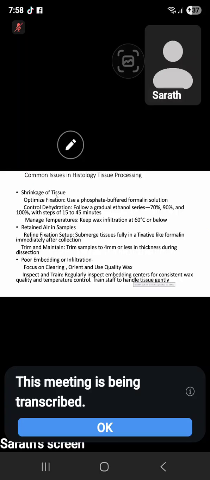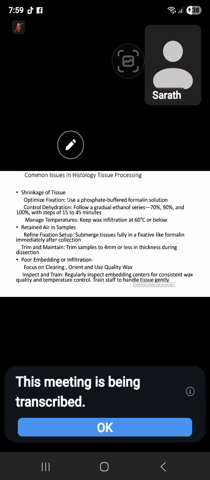Shrinkage. So optimize fixation. Use a phosphate buffered formalin solution. Instead of 10% formal saline, you can use buffered formal saline. Then dehydration: follow a gradual ethanol series, 70, 90, and 100, with each 15 to 45 minutes.